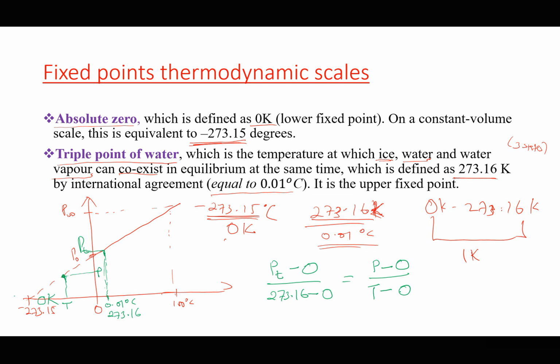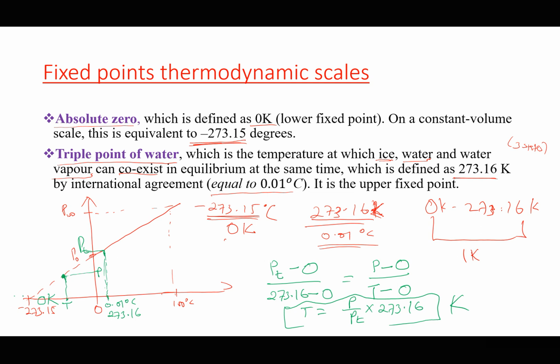So if I want to find T, making T the subject, T will be equal to the pressure P over the pressure at the triple point PT, times 273.16. On the Kelvin scale, remember this will be in Kelvin units. So I've just manipulated this. If the pressure at this point is P at temperature T, this is a straight line.